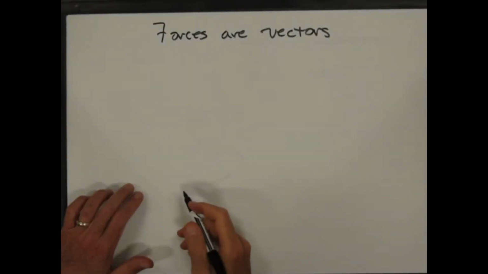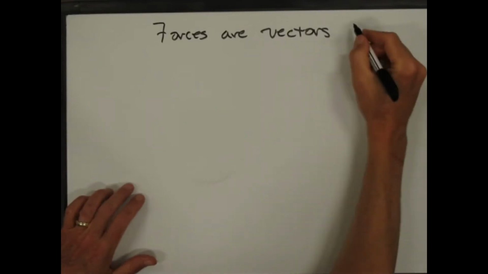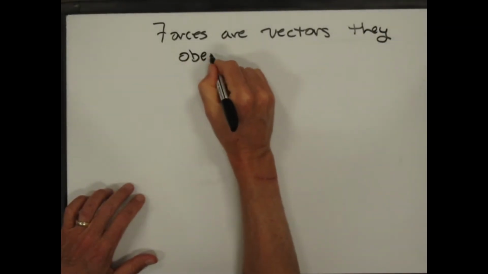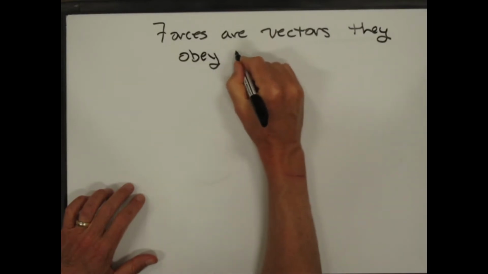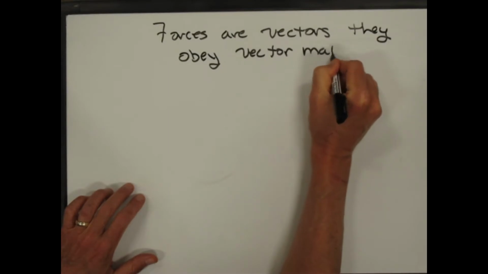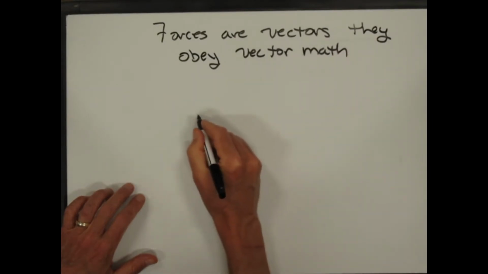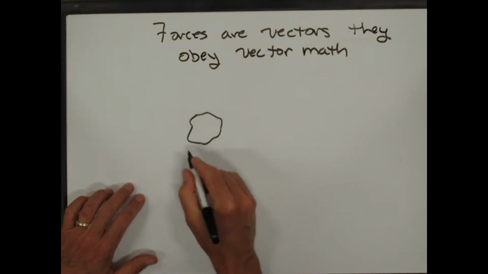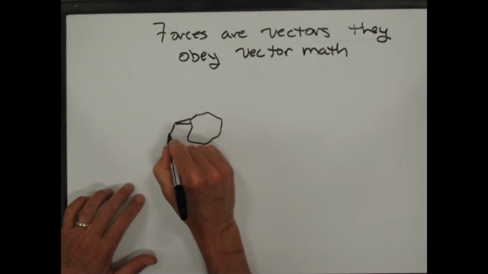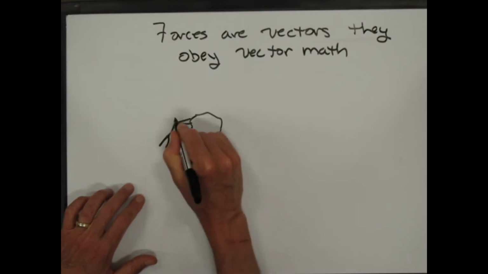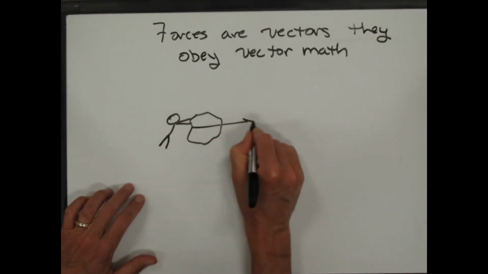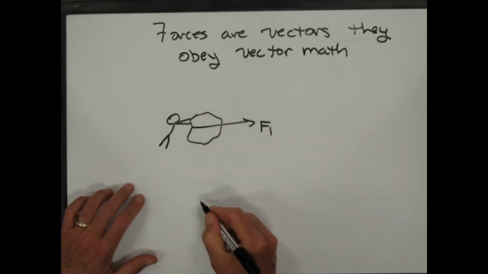So forces are vectors, and just like all the other vectors we've looked at, they obey vector math. So if we have a boulder here, and somebody is exerting a force on the boulder, we'll call this force F1.